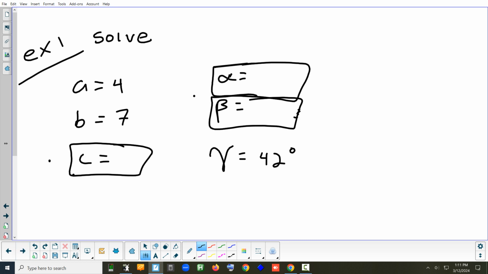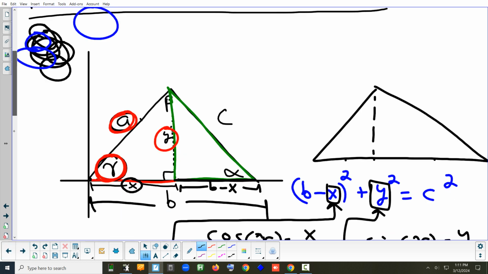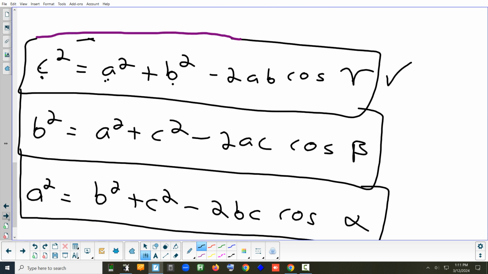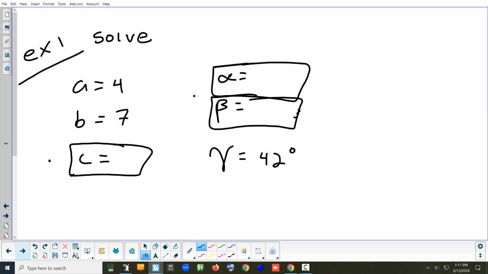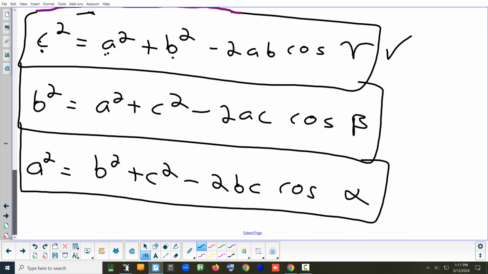So if you're missing a side and you want to use one of these formulas, you can't be missing anything else. Which version of the law of cosines do you think we're going to plug into to find c? Version 1, 2, or 3? You have to use 1, because you know a and b, and you know gamma. That's the one you have to use.